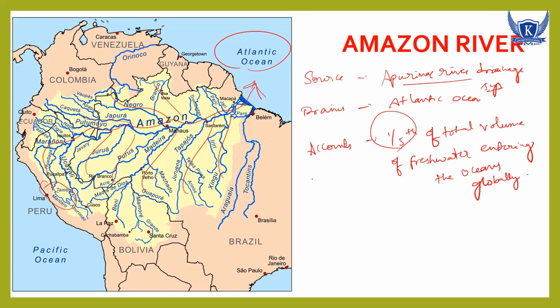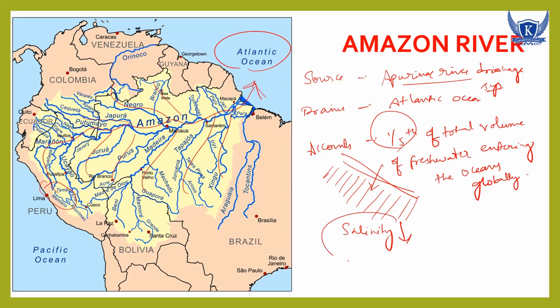Now what happens when this much fresh water is coming? Near the coast, the salinity will be reducing because a lot of fresh water is adding up.